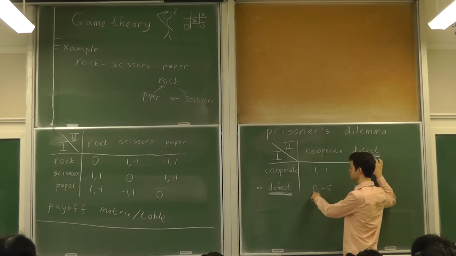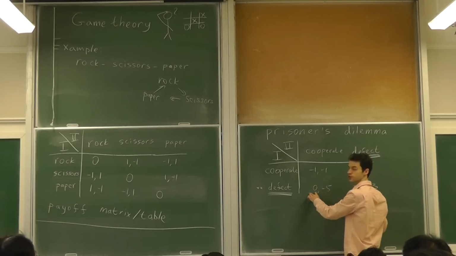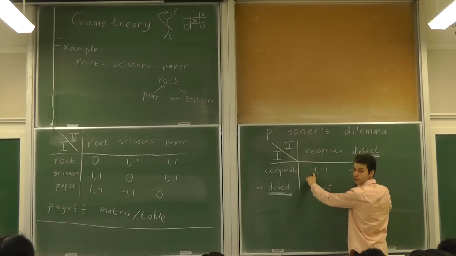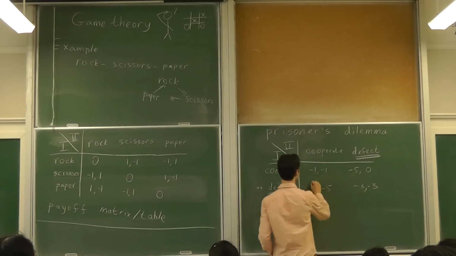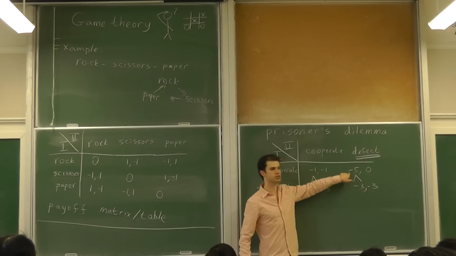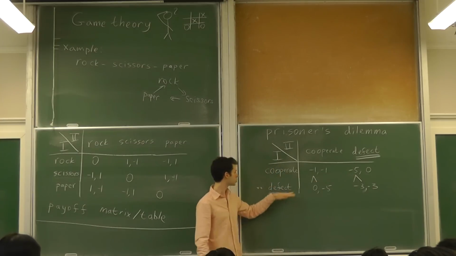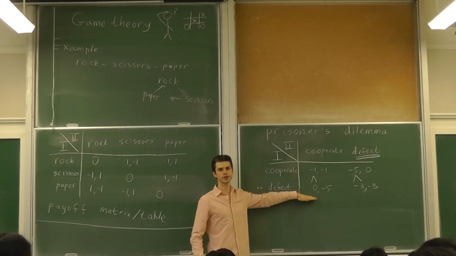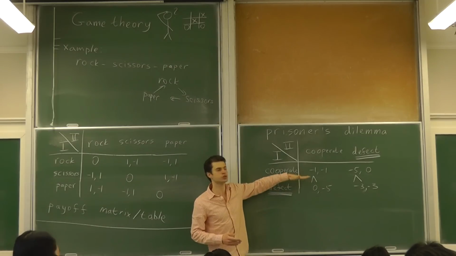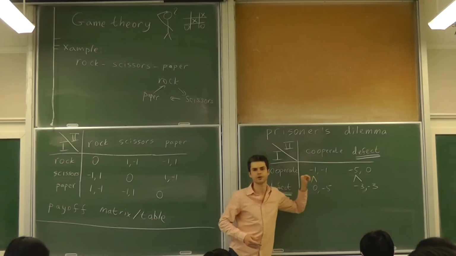If you look at the payoffs to the first player, in the second row, they are strictly larger than in the first one. You see 0 is larger than -1, -3 is larger than -5. So this strategy, defect, dominates the cooperation strategy. It's better against each possible strategy of the second player.